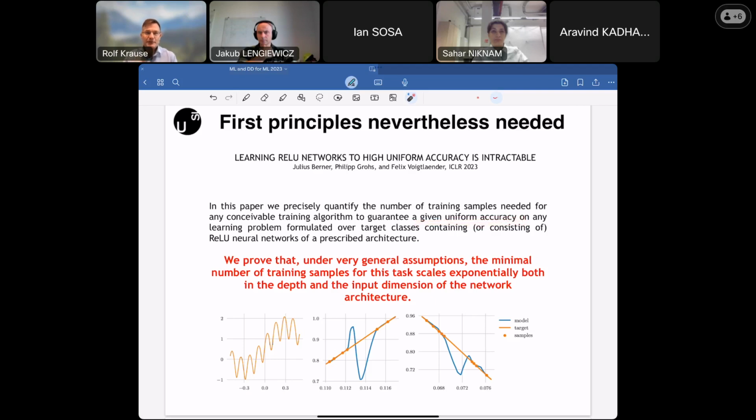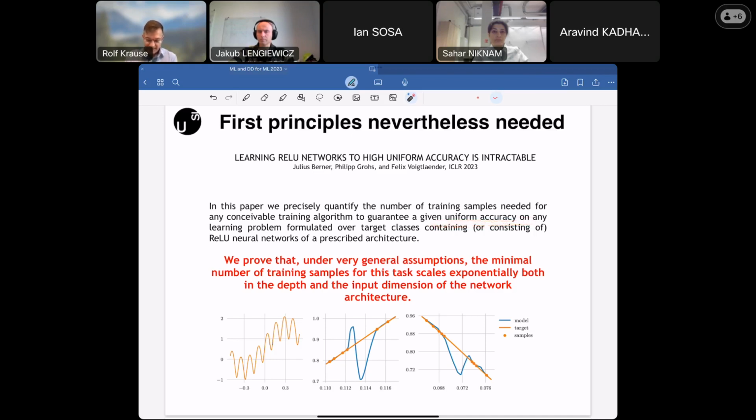What people usually do is they have their data and proofs are done on the unit cube, because in each feature, in each component, you simply scale your data and then you approximate an unknown function on the unit cube. So you can ask yourself, okay, how many samples do I need to take in order to approximate a given function on the unit cube such that the error in the infinity norm is bounded uniformly, it's infinity norm on the whole unit cube?